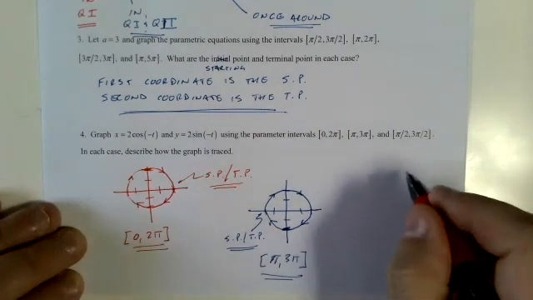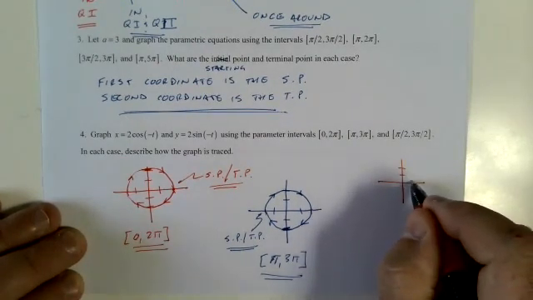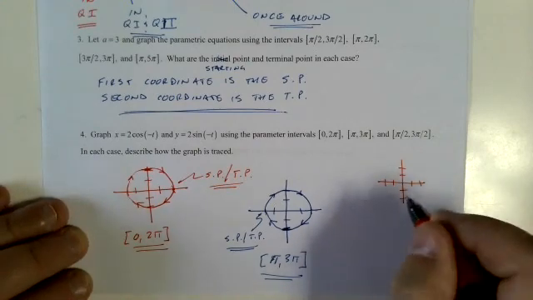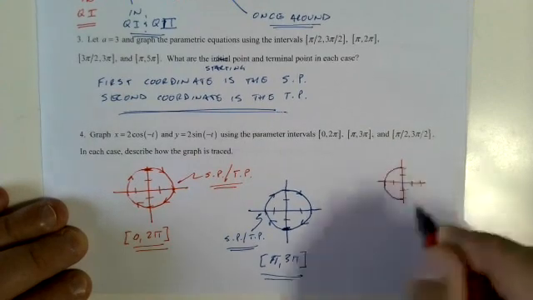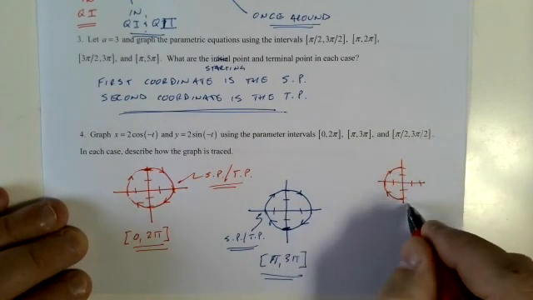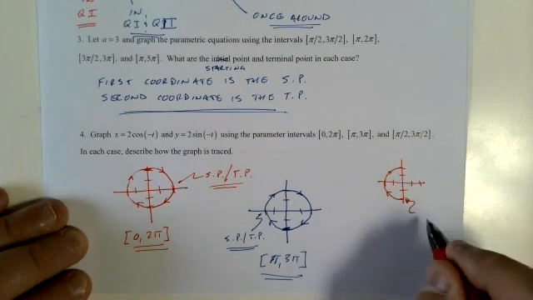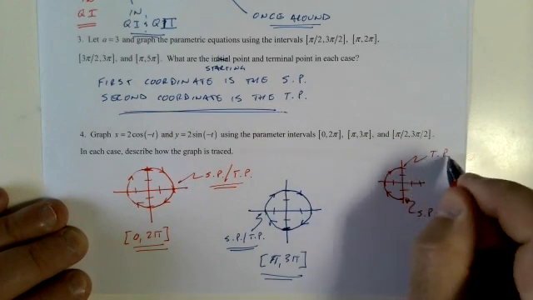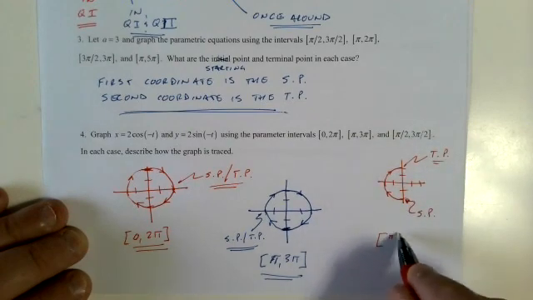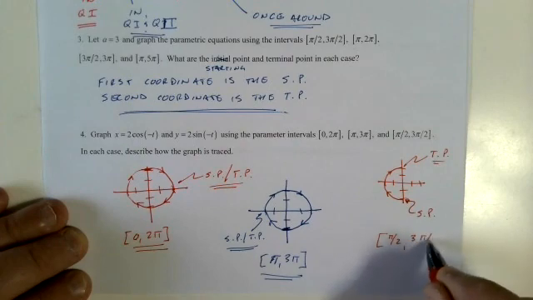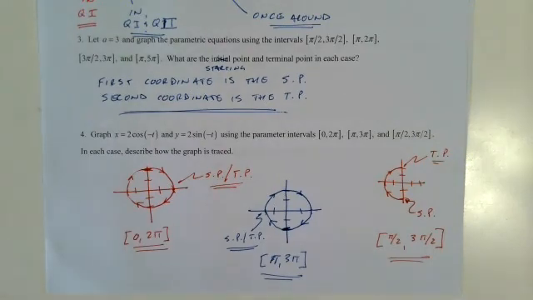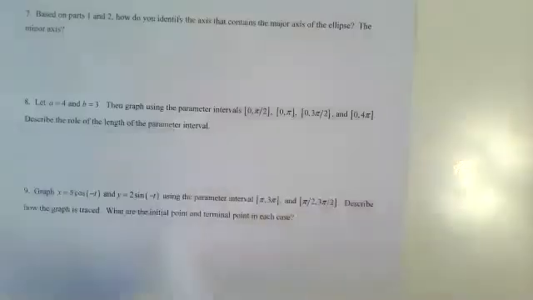Pi over 2 to 3 pi over 2 would start here and stop here. So it's just a chance for you to play and figure things out. It's not a big deal. Let's see what else we got in store.